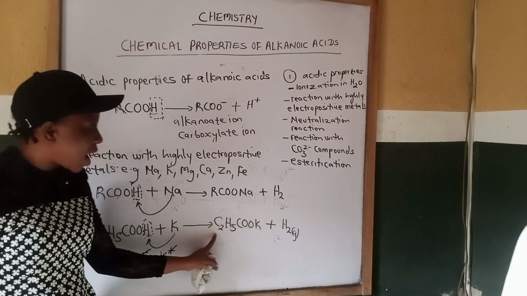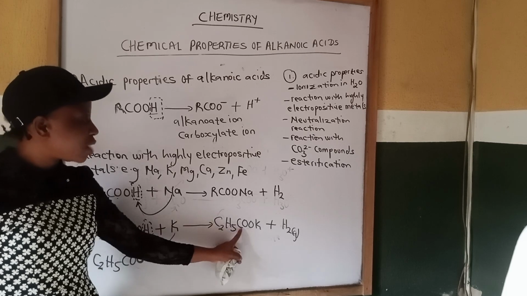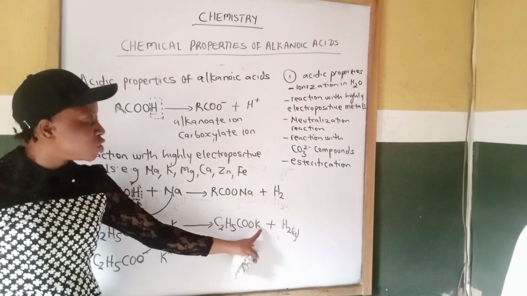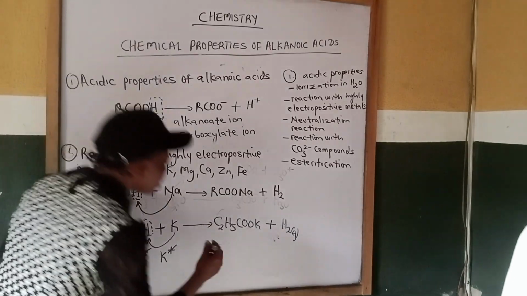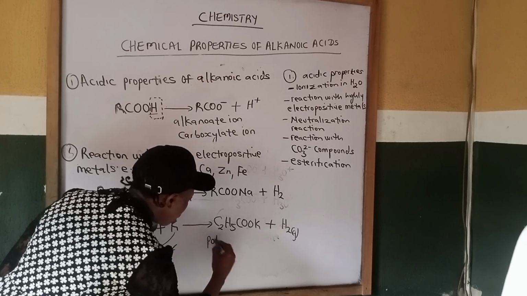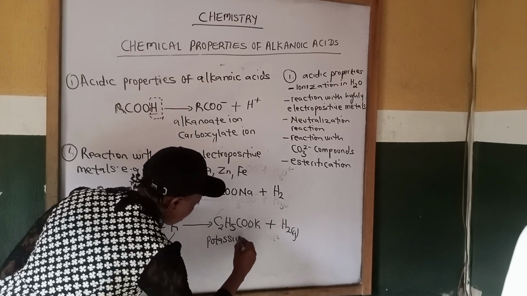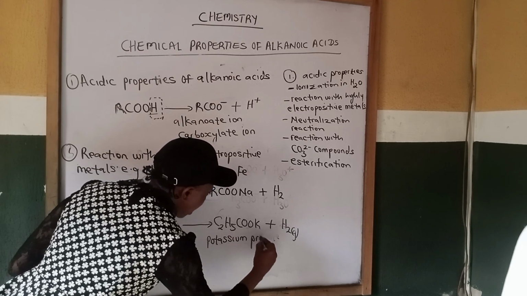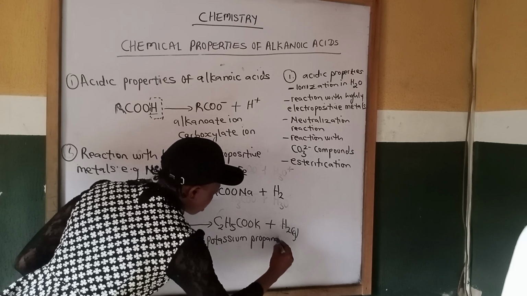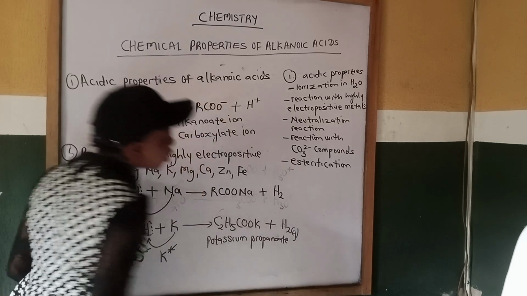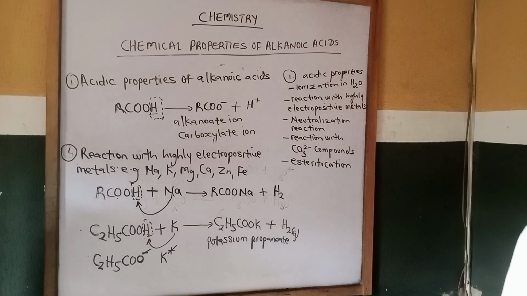This is a member of alkanoate, so three carbon atoms will be propanoate. So we call it potassium propanoate. Our product form is potassium propanoate and hydrogen gas.